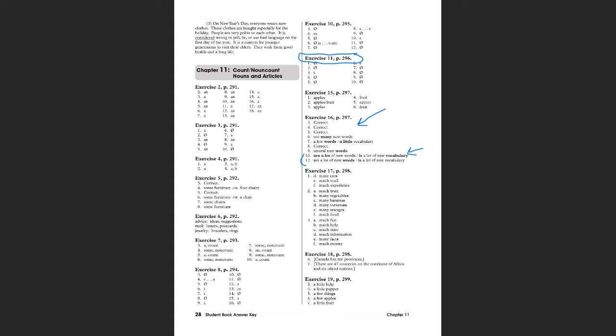Okay, good question. Let's go on to exercise 22. This one is kind of a long one. Let's see what you guys did. Walter, what did you put for number 3 and number 4? Peppers.